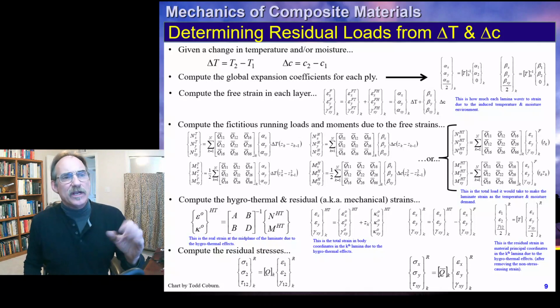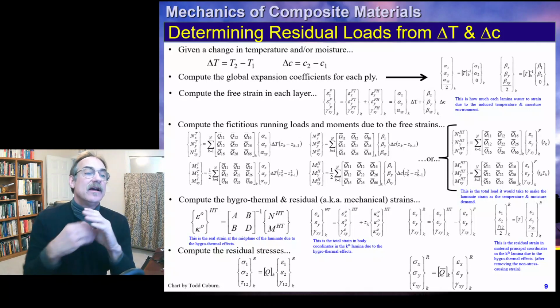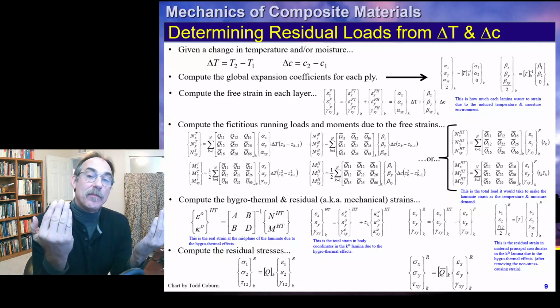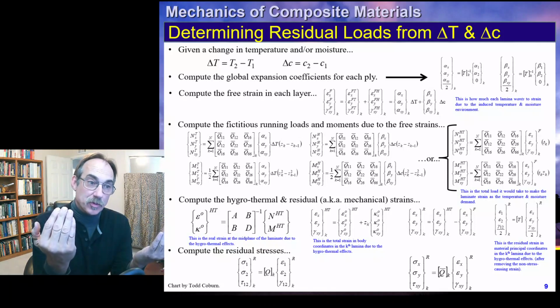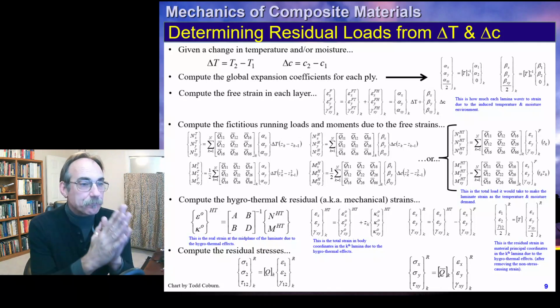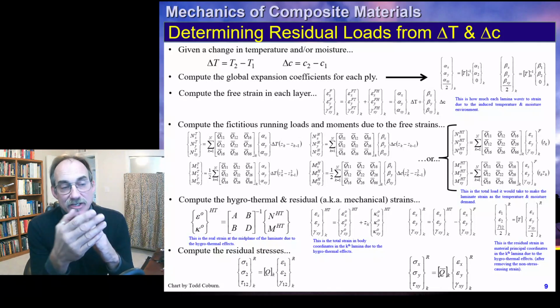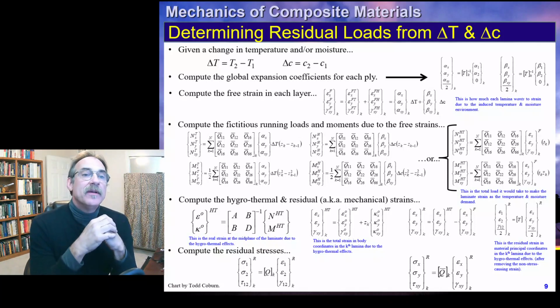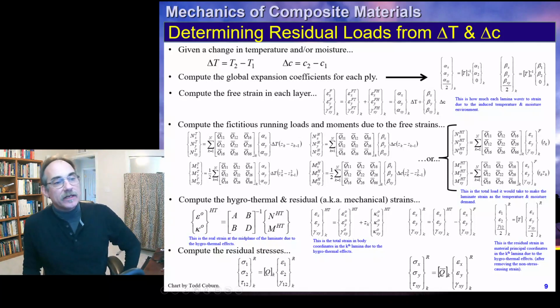As we see here, we could have actually jumped ahead from our body coordinate strains and turned that into the body coordinate residual stresses by just pre-multiplying by the Q bar matrix. That works too. And that avoids the transformation of the strains that requires the Reuter's matrix to account for it. So when we're all done, we end up with principal material stresses.